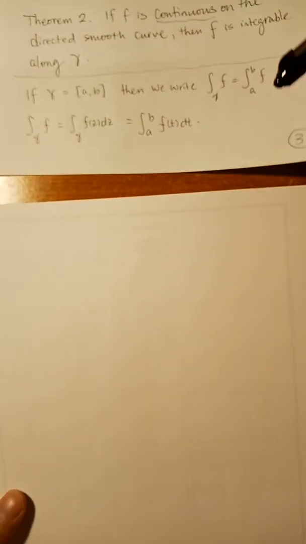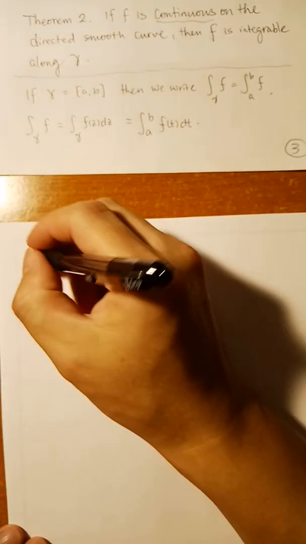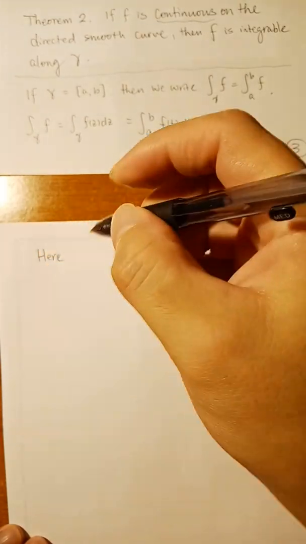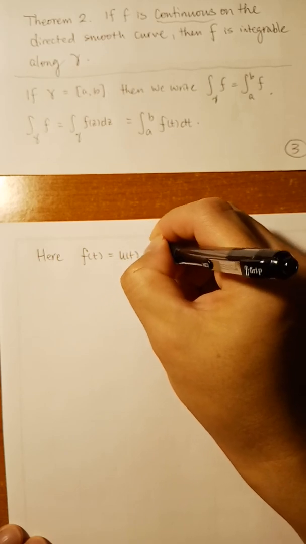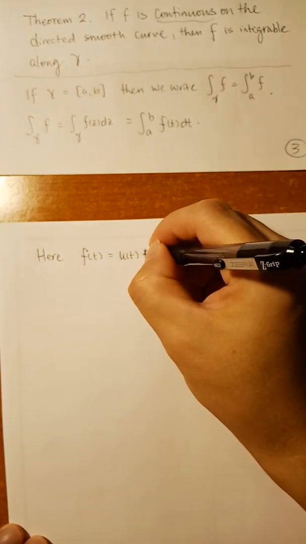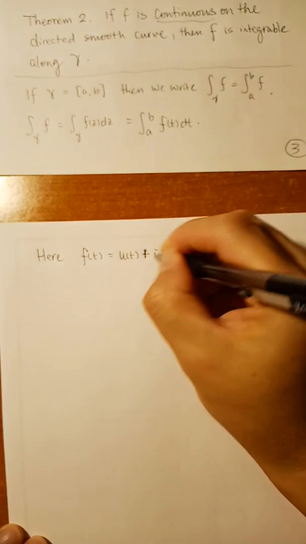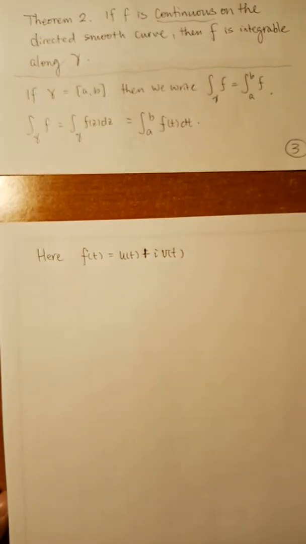So for the complex valued real function, here f(t) is a complex number, so it's u(t) plus i v(t).